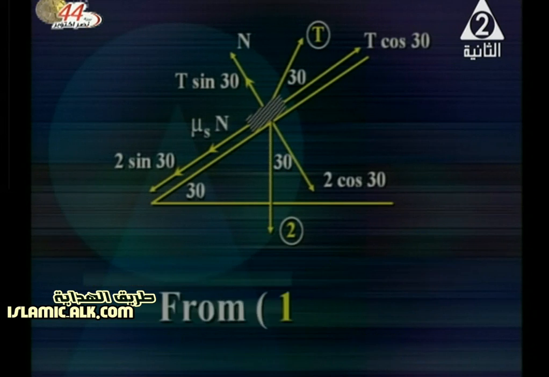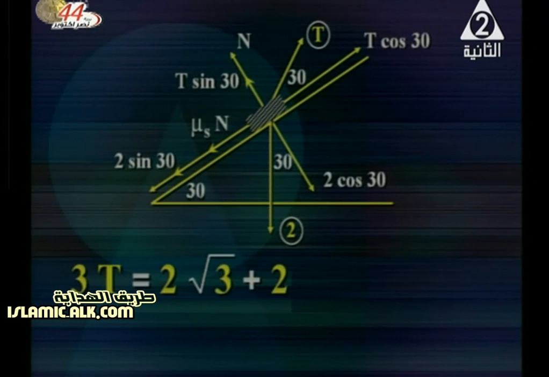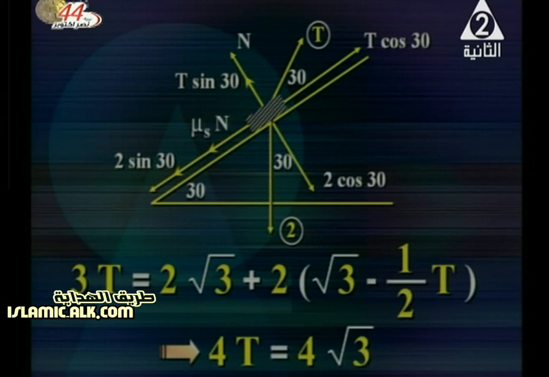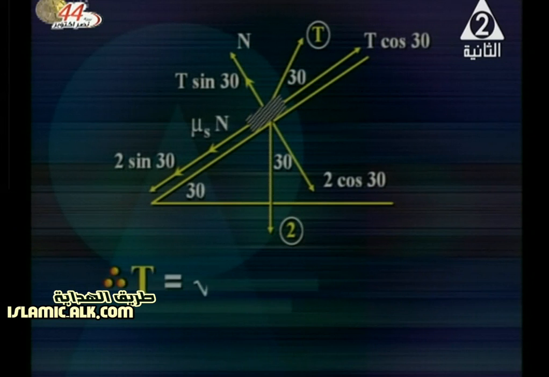From 1 and 2, 3T equals 2 root 3 plus 2 multiplied by root 3 minus 1 over 2 T. In this equation T is unknown. By substitution, 4T equals 4 root 3, therefore T equals root 3 kilogram weight.